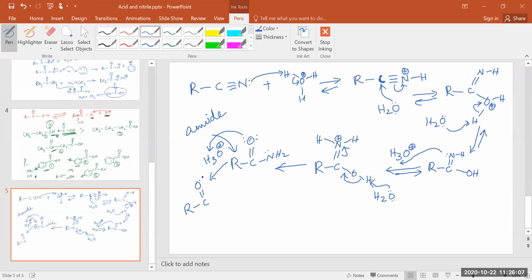So it will be O plus, NH2. And then a water molecule will again be added here. So this will go here. So here it will form the tetrahedral intermediate.